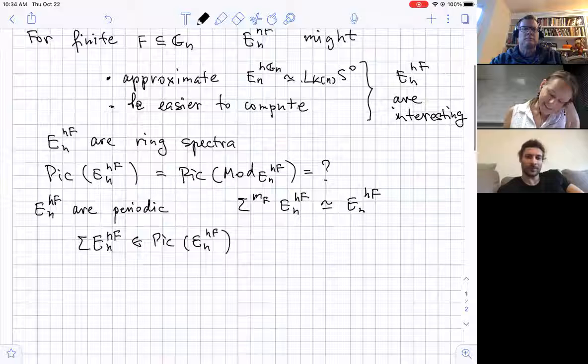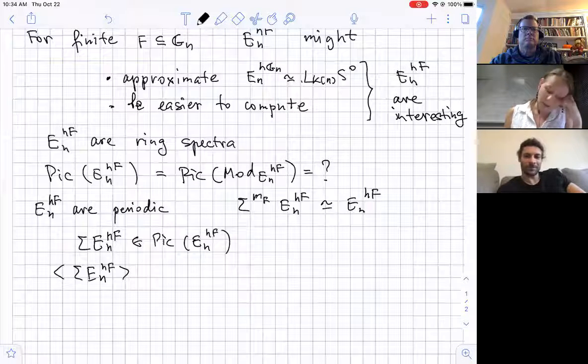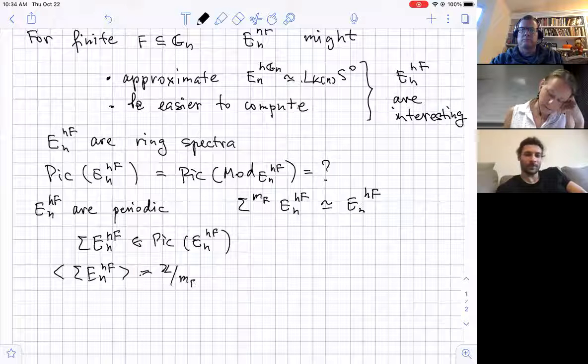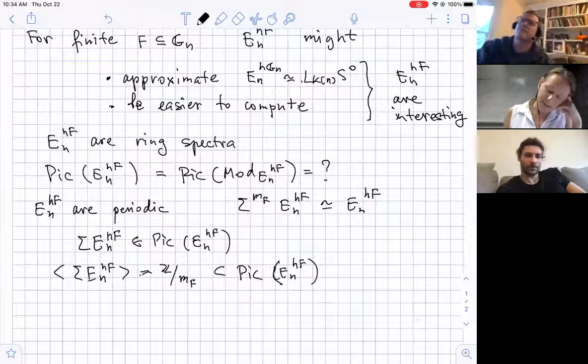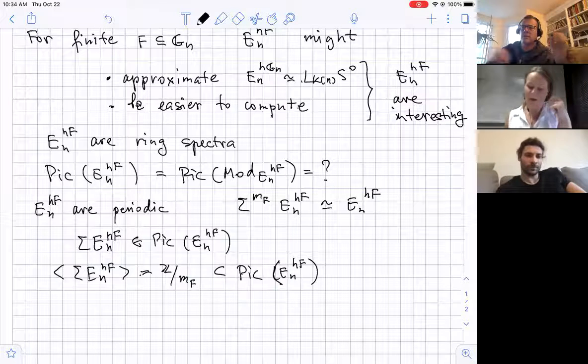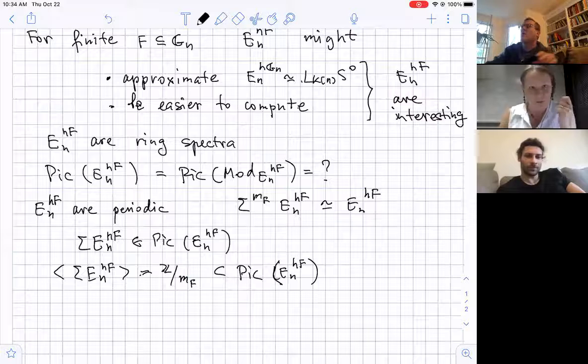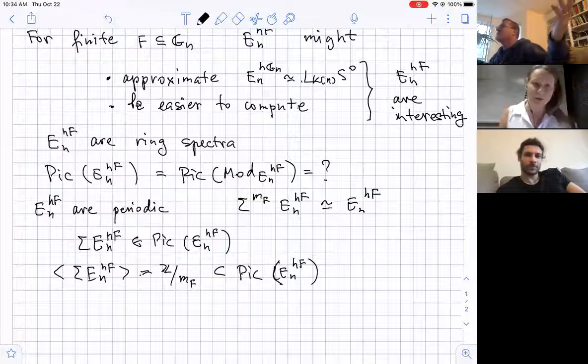And if I take all the suspensions, I will get a group, Z mod that M, whatever it was. And that's a subgroup of Pic. So Pic will always contain a group generated by all suspensions of this periodic spectrum.